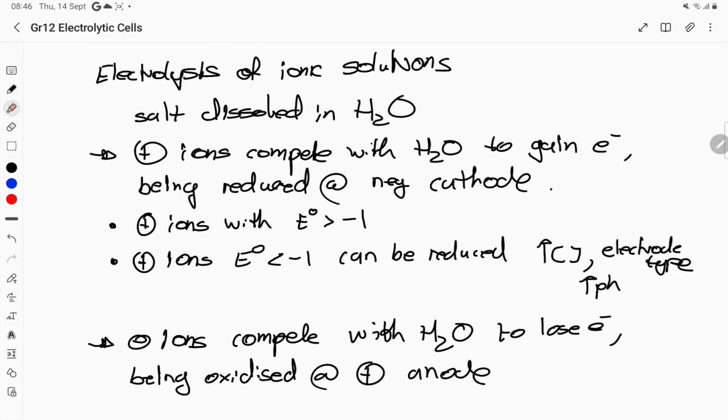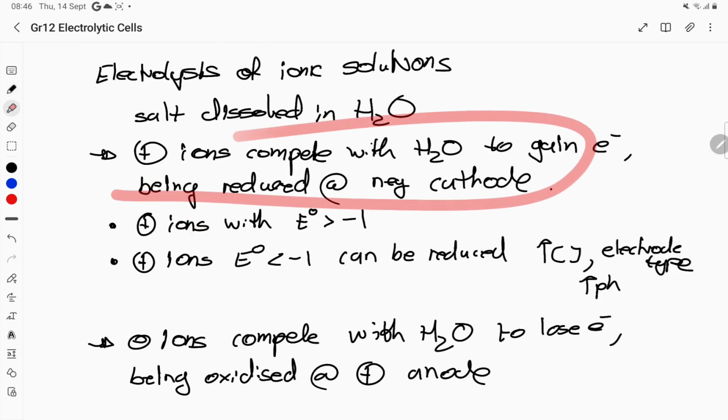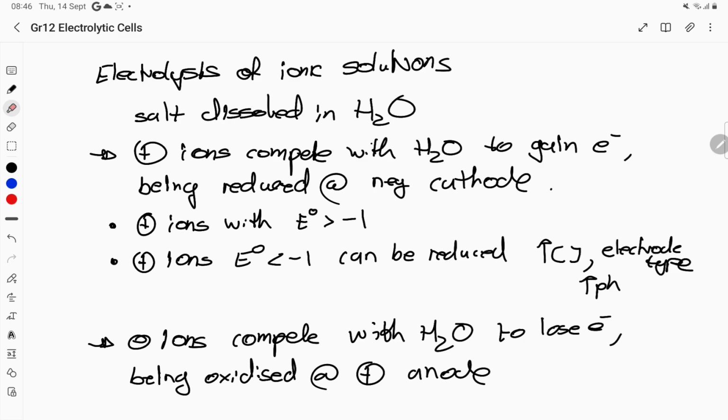Right, so the way we can determine if the positive ions will rather be reduced than the water molecules is that the positive ions with a reduction potential greater than -1 will have preference, but positive ions less than -1 will cause the water to be reduced and not the positive ions themselves.